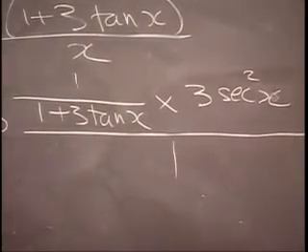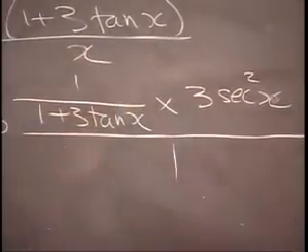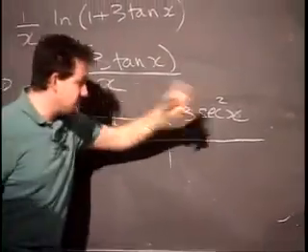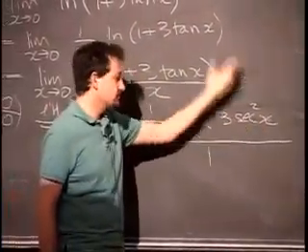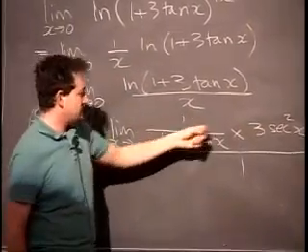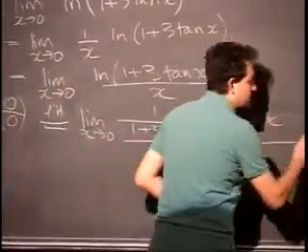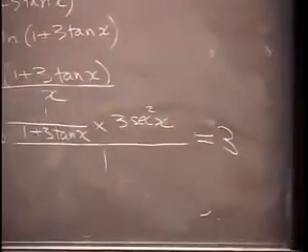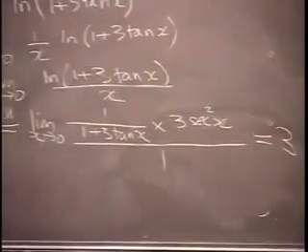Now, if you plug in 0, cosine of 0 is 1. Secant of 0 is 1 over 1, which is still 1. Square it, still 1. So this is 3, this is 1, so this is 1 times 3 over 1. That's just 3, if you work it out. Limit is 3. Are we done?